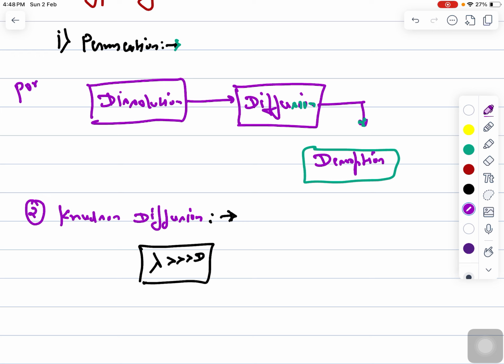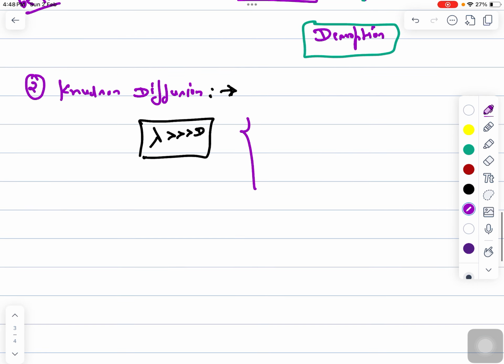So in the first case, permeation, the pore size will be less, but here it is an intermediate pore size.